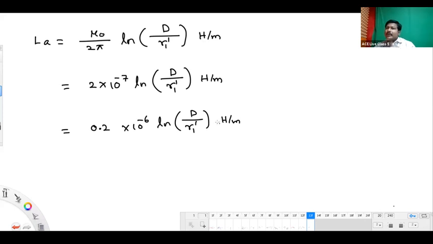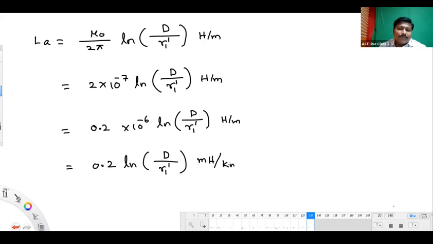Generally, we measure the length of transmission line in kilometers. That's why I will write it as 0.2 ln of d by r1 dash millihenry by kilometers. Clear?